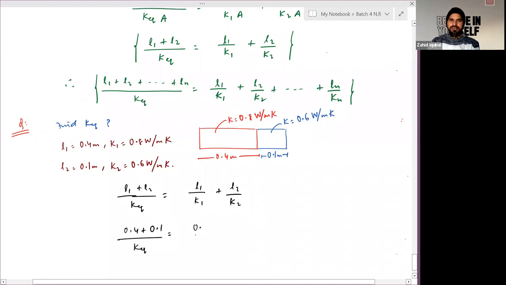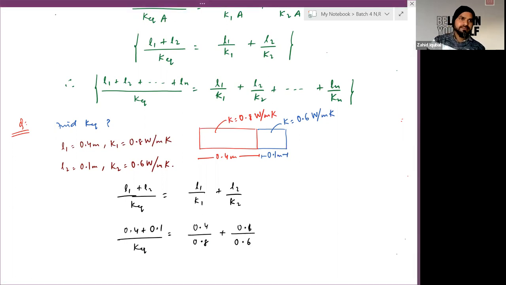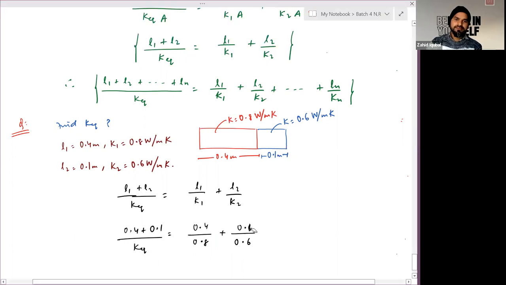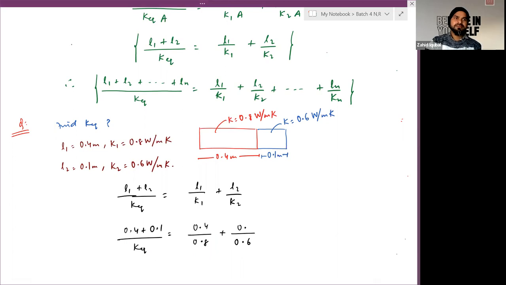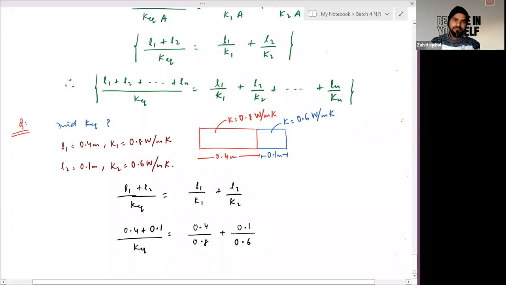L1 is 0.4 divided by K1, which is 0.8. L2 is 0.1 divided by 0.6.